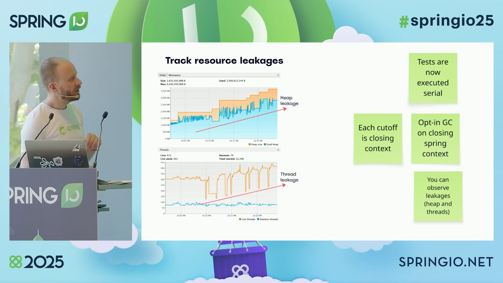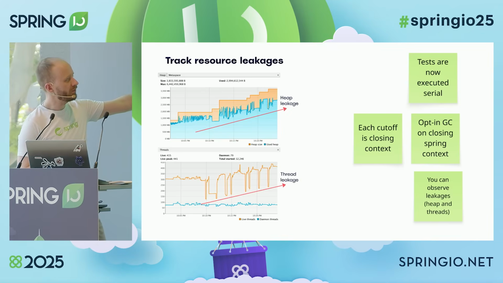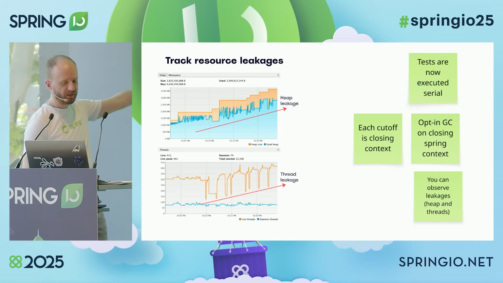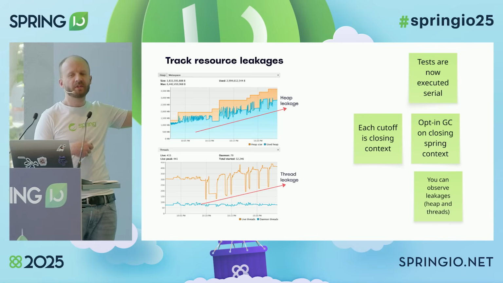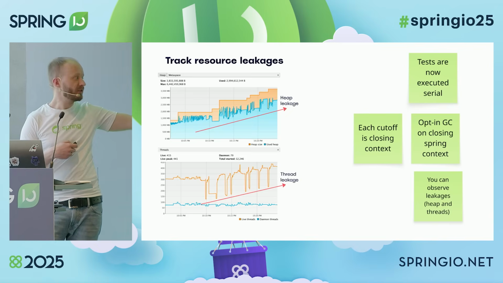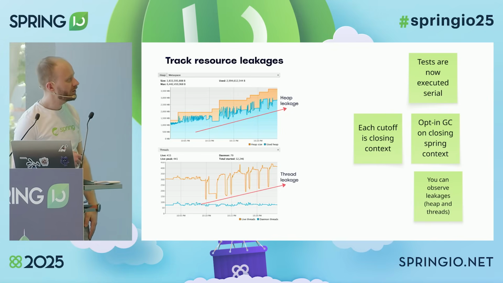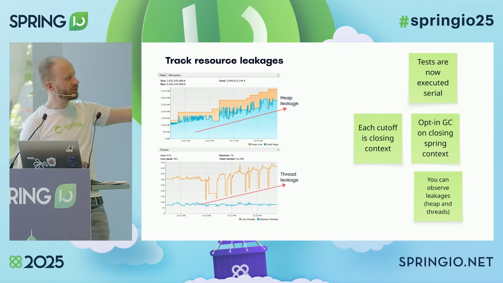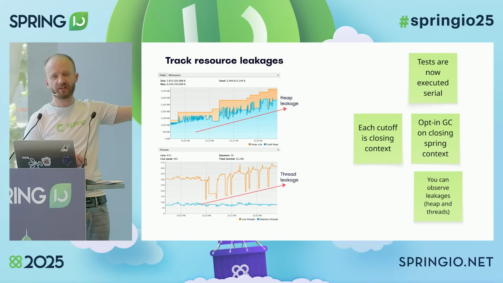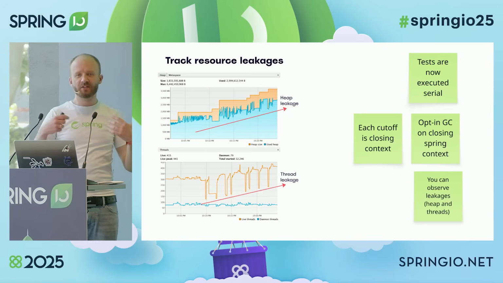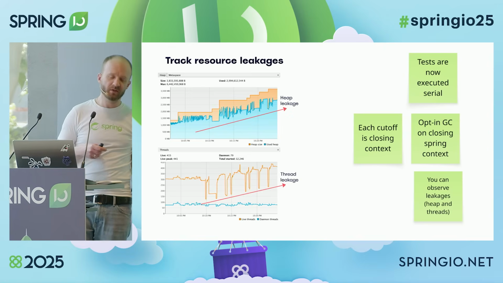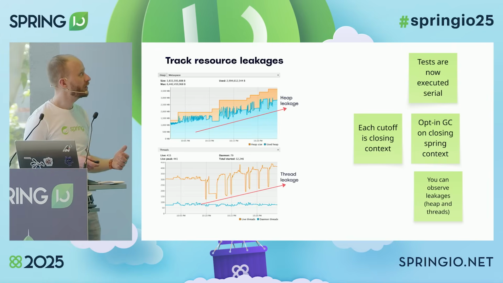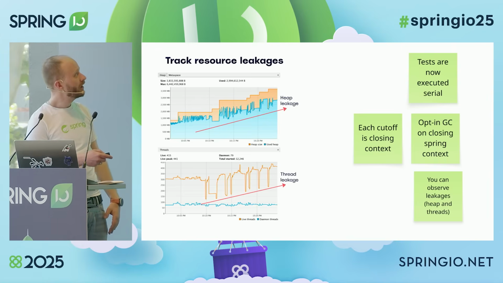All those cutoffs are actually closing the Spring context, and this is the number of active threads. You can connect VisualVM to observe this, and what we saw in our monolith test execution when we ran it locally is that there is an obvious upward trend. It means there is a thread leakage. So the serial execution of integration tests with eagerly closing contexts highlighted this problem, which we had to address.